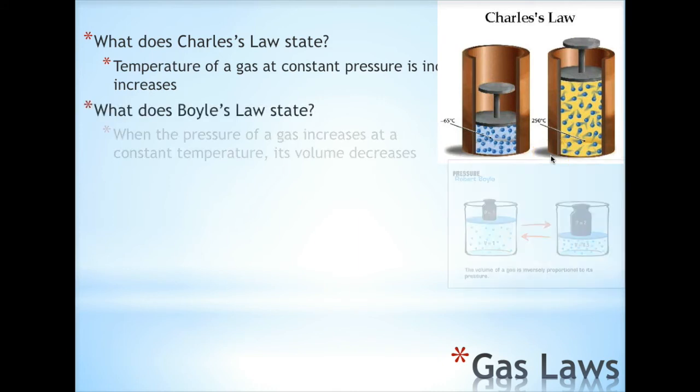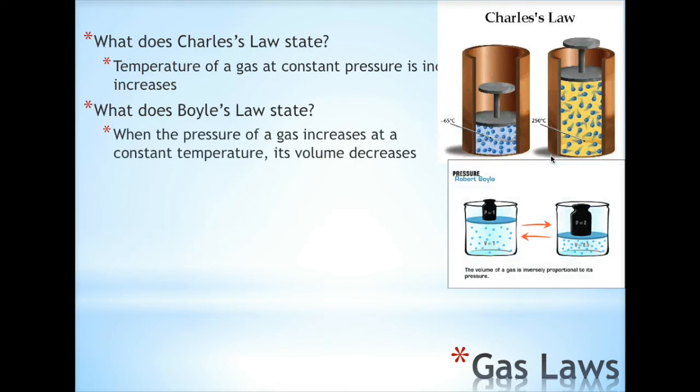Boyle's law: when the pressure of a gas increases at a constant temperature. So now we're going to increase the pressure. We're going to increase the mass here. So instead of P equals 1, we go P equals 2. Now pressure increases, temperature stays the same, and the volume decreases.